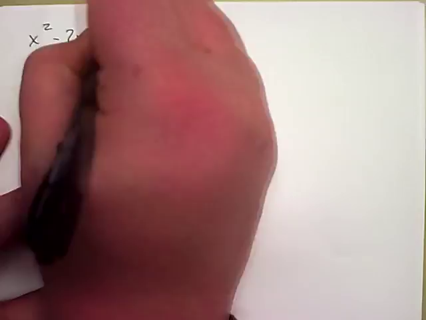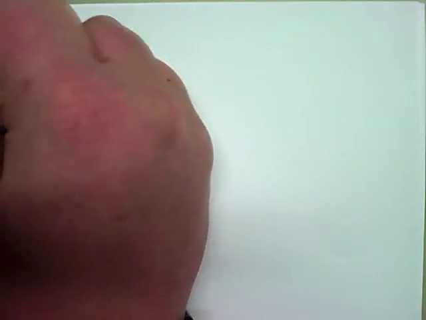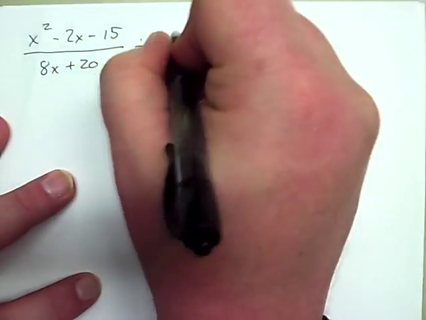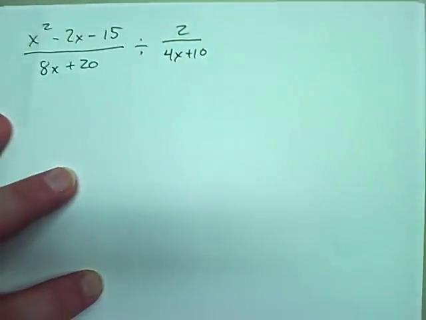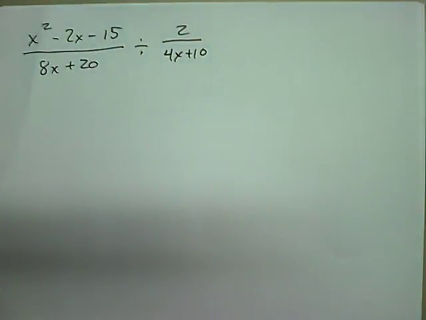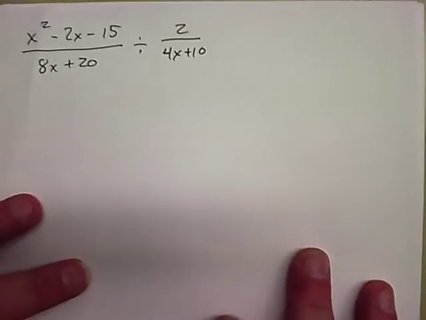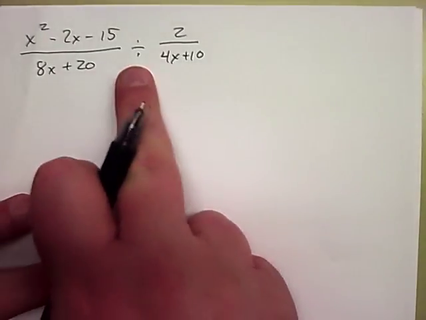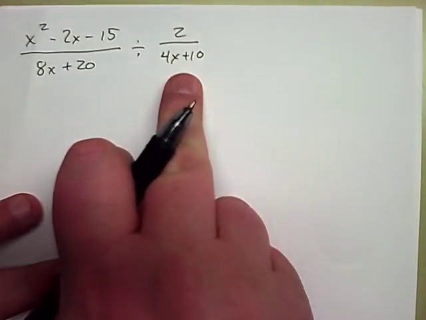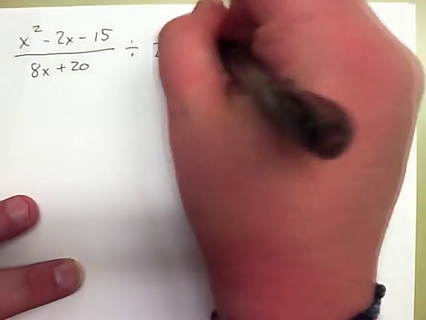We're given x squared minus 2x minus 15 over 8x plus 20. We're going to divide that by 2 over 4x plus 10. So here, again, I'm going to factor everything out, switch the division into multiplication, and flip the second fraction. So here we go.